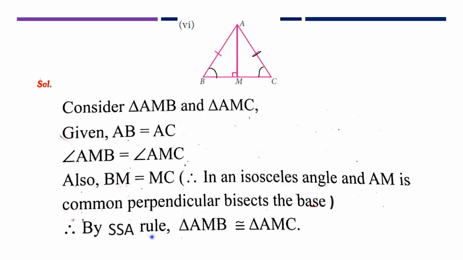By that rule, we can say these two are congruent triangles, or by this side and this angle and angle, this may be said as the AAS rule. By any one of the rules, we can say this triangle AMB is congruent to triangle AMC.